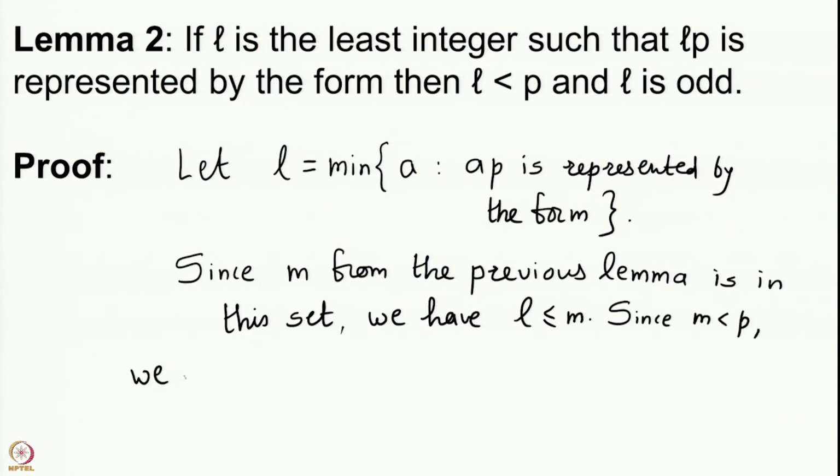So, we have L is less than p. So, we have a multiple of p by a number L which is less than p, such that LP is a sum of 4 squares and L is the least such integer.